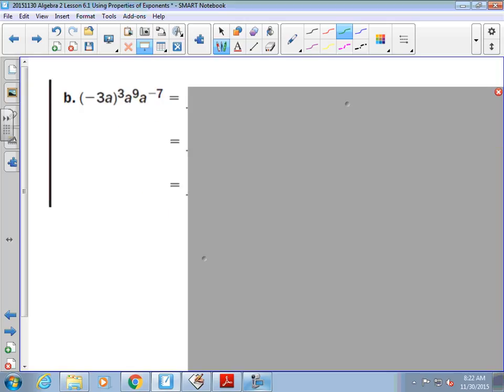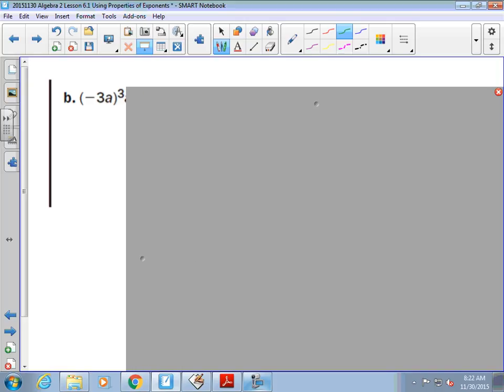B says negative 3a to the third, times a to the ninth, times a to the negative 7th. Again, inside parentheses is negative 3a. That's being raised to the third power. So both of those need to get raised to the third power. Negative 3 and a. Now, in this case, it's not just the number 3, since it's inside of the parentheses.